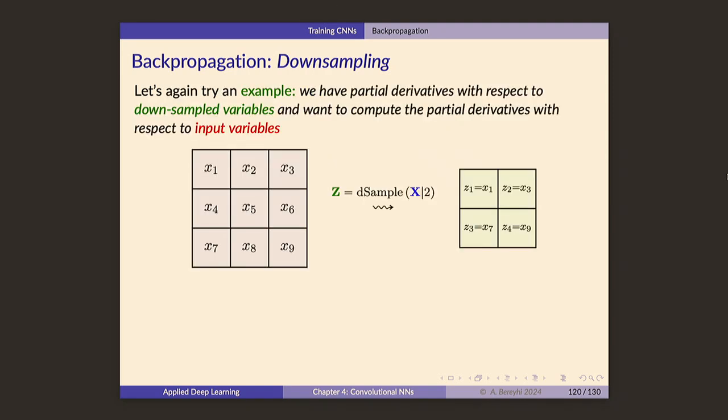But z2, z3, z4, they have nothing to do with x1, right? So the derivative of them is 0. And what is the partial derivative of z1 with respect to x1? It is 1, right? Because z1 is exactly x1, correct?